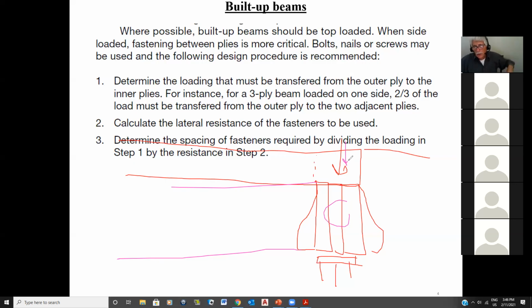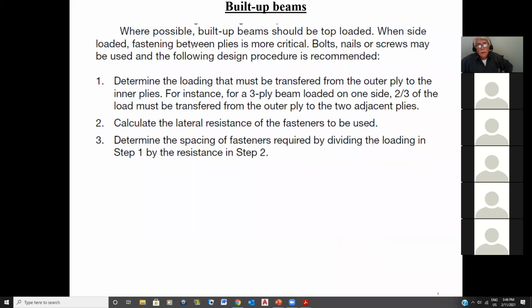But if there's no concern about trying to have some headroom, in other words, losing that extra, whatever it is, 10 inches of clearance in your room, because nobody's going to go down there, then I do recommend that you top load your beam. So that's top loaded, and that's okay. When side loaded, fastening between plies is critical. Bolts, nails, or screws may be used, and follow design procedures recommended.